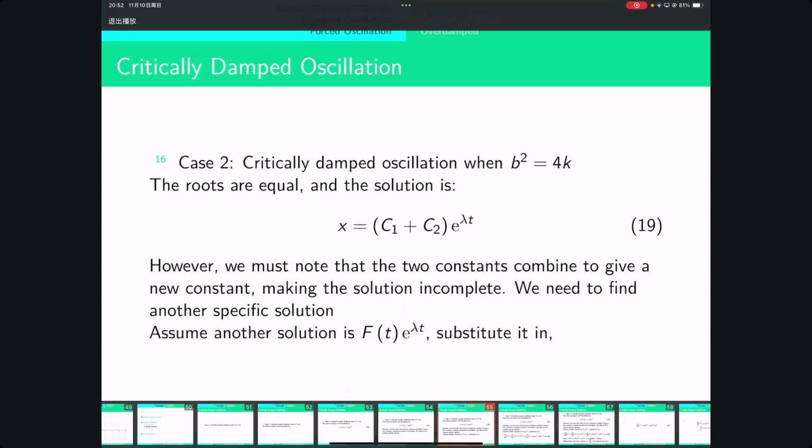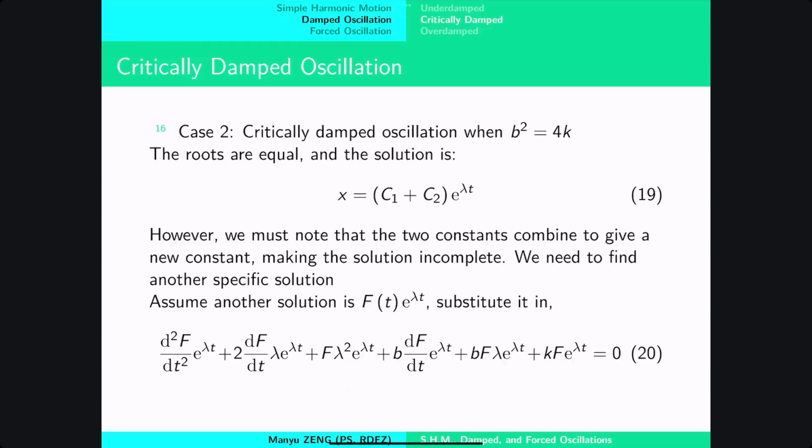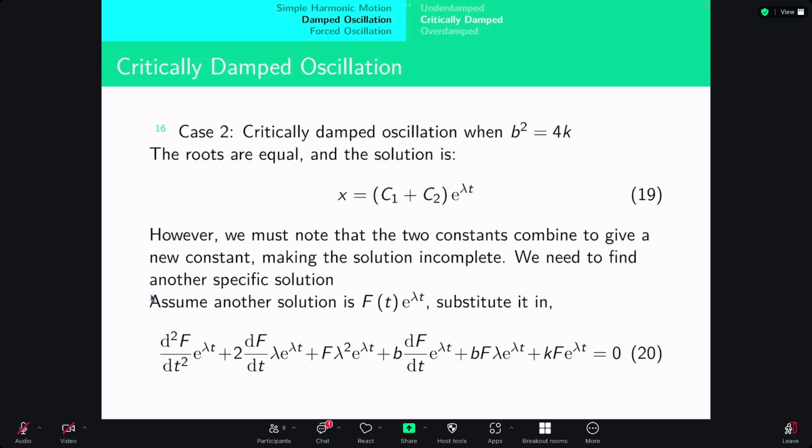So f of t must vary when time goes by, right? If f of t is just a constant, it is just like adding C1 plus C2 plus f. It will make no difference. So we aim to find f of t that is not a constant function.